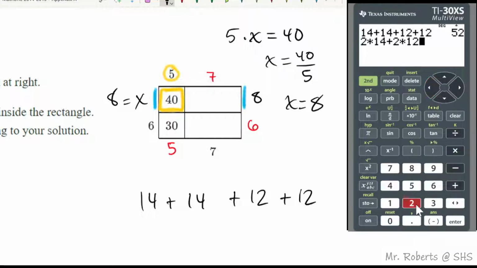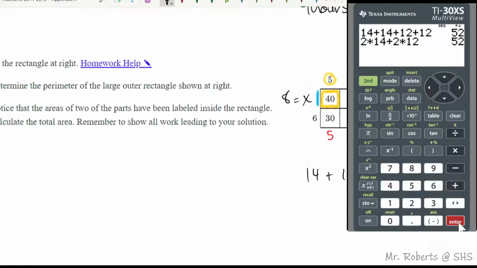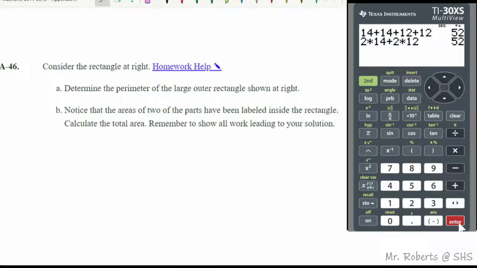So the perimeter, this is A, the perimeter is 52 units long.